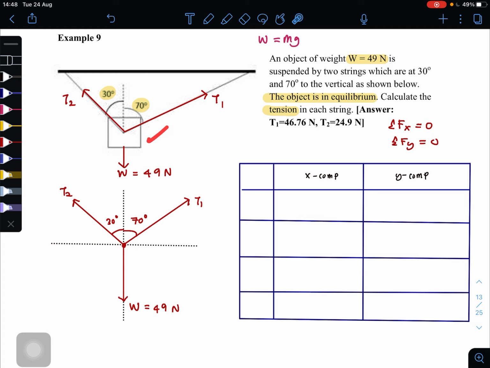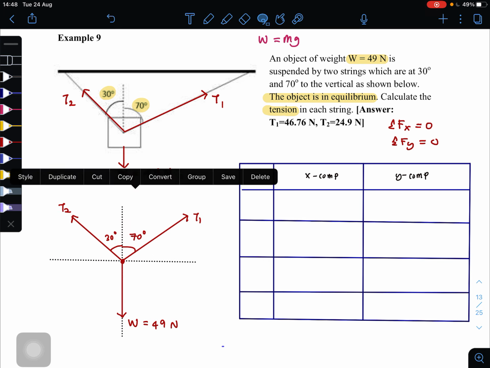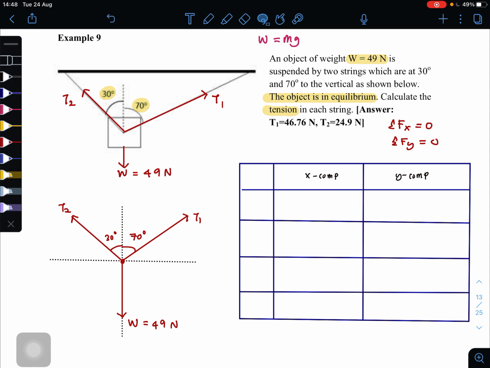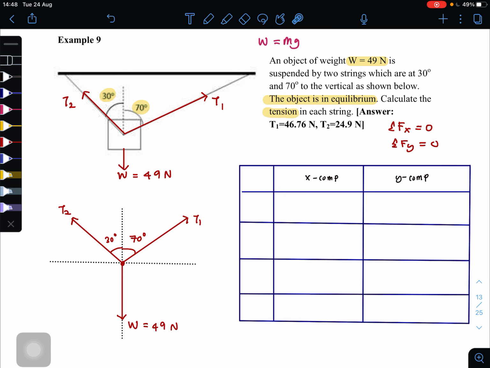You just follow what you have drawn on the diagram. So this is the free body diagram.